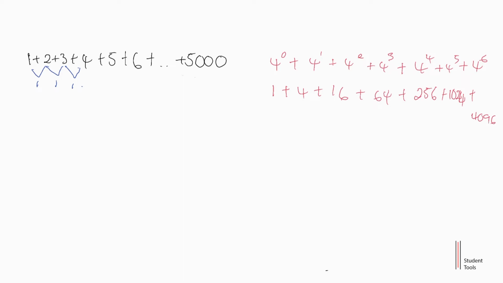So to get the general term of this arithmetic series, we have this formula, which is Tn is equal to a plus n minus 1 multiplied by d. So Tn is equal to a, in this case the first term, so that first term is 1, plus n minus 1 multiplied by d.